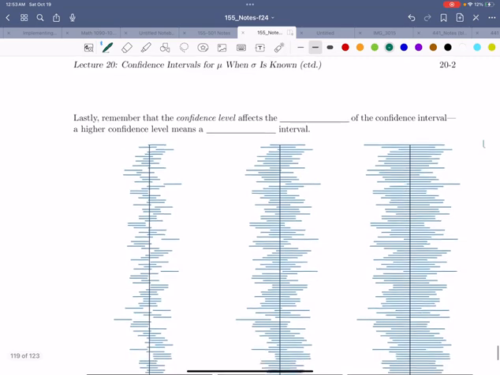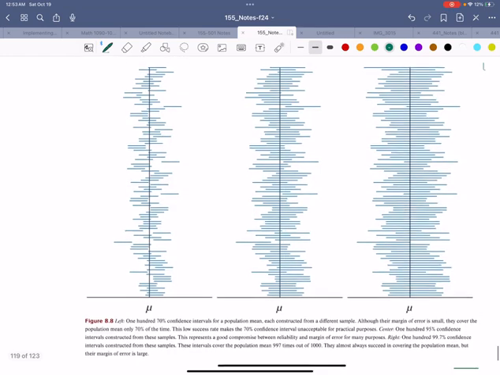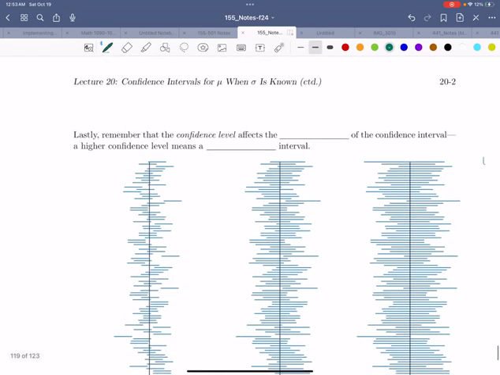Now, this is a nice little picture that they have from the book. So I encourage you to read this section and understand where they're coming from here, although I do have the caption. Now, remember that the confidence level of our interval affects the length of our interval. Higher confidence level means a longer interval, right?